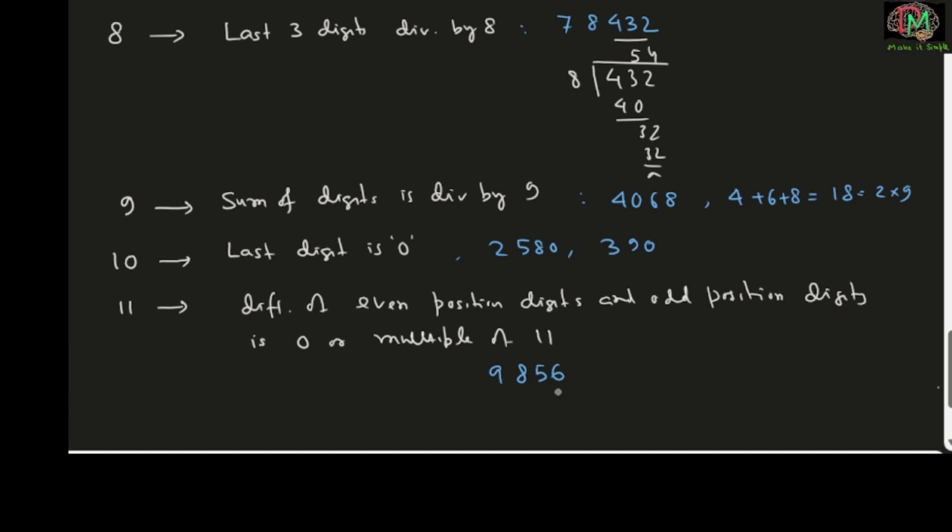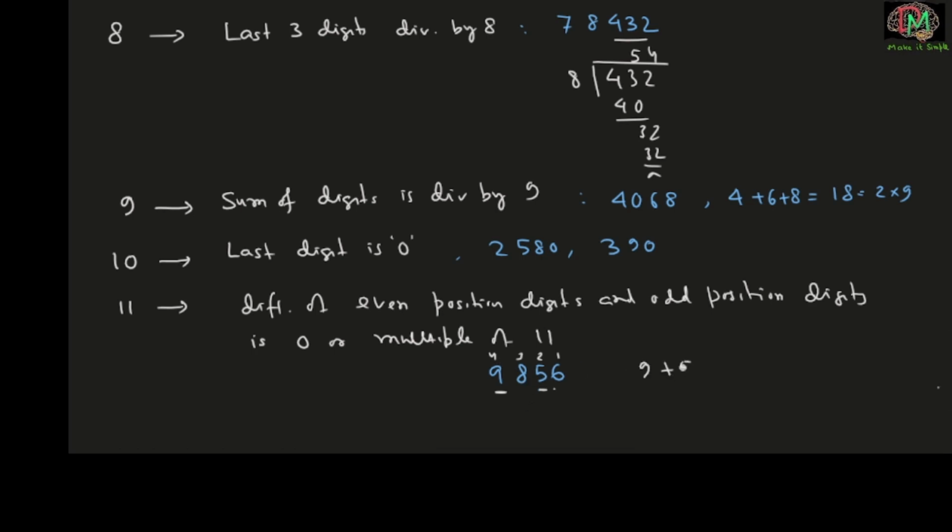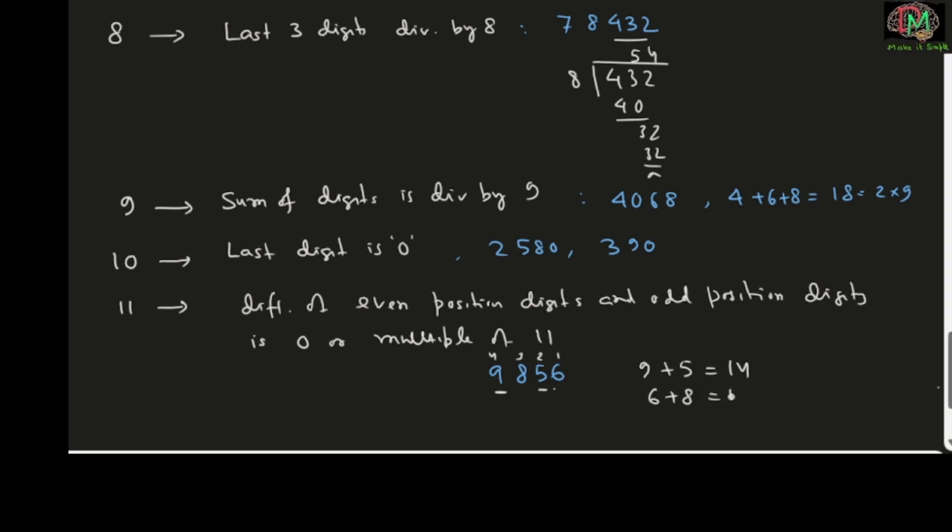The even position digits are 9 and 5, that is the second and fourth positions, meaning 1 2 3 4. So we add 9 plus 5, that is 14, and the odd position digit sum is 6 plus 8, that is 14, and the difference is either 0 or a multiple of 11.